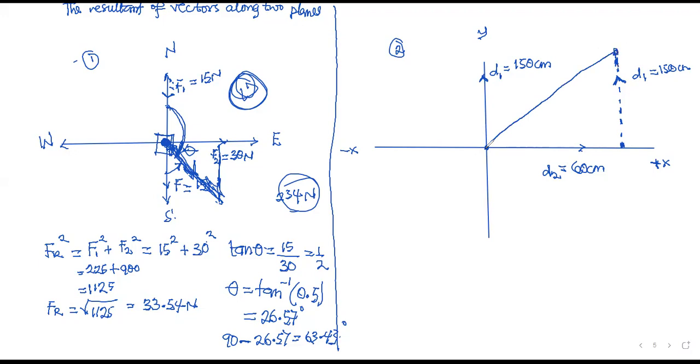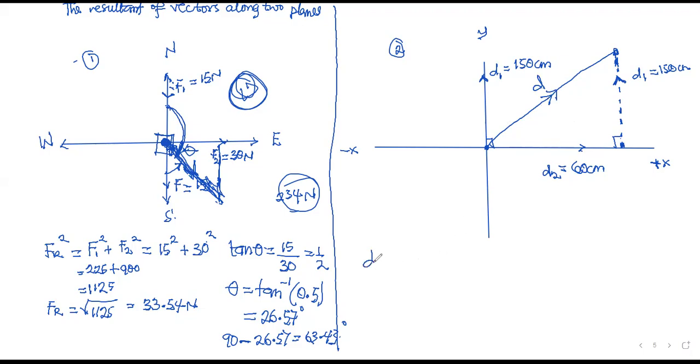Let's assume it ends here. And don't forget D1 is perpendicular to D2 by this relation. And so this becomes the resultant, D.